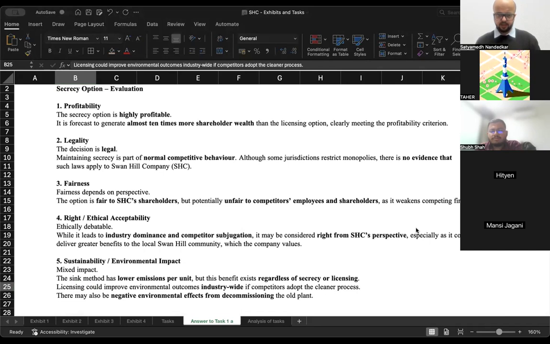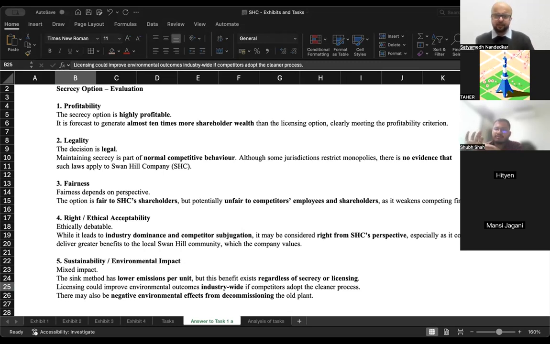Sir, with this secrecy option, where we have to evaluate whether it is ethical or not, here we are just giving the different possibilities, that is, ethically right or ethically wrong, correct?